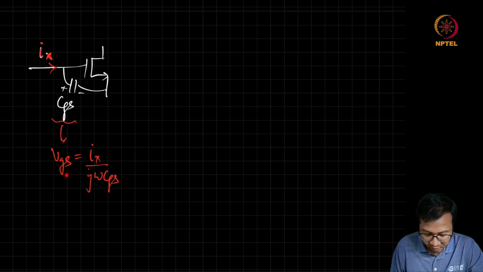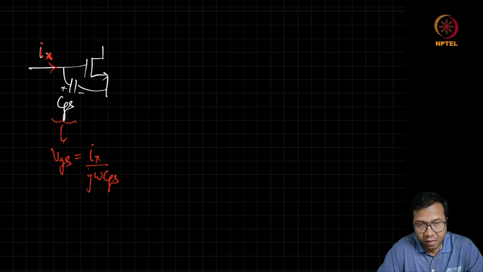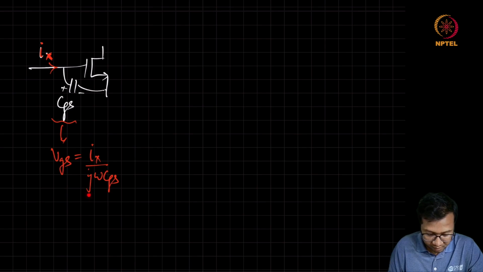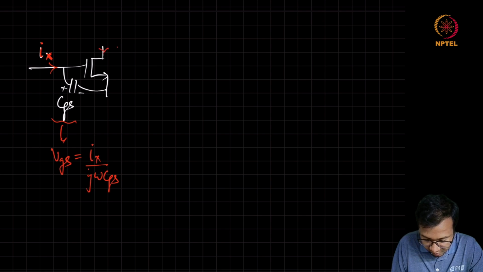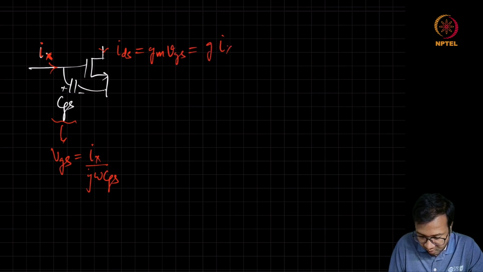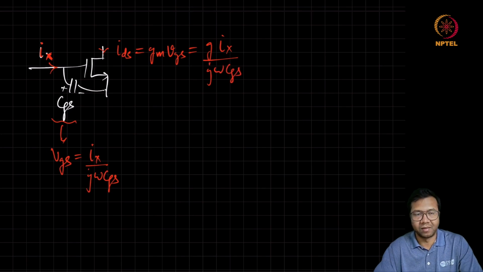Good thing about this VGS being reactive is that the current which is generated by the MOSFET will also be reactive in nature. So it means this current IDS will be equal to gm VGS, which is gm Ix divided by j omega CGS.